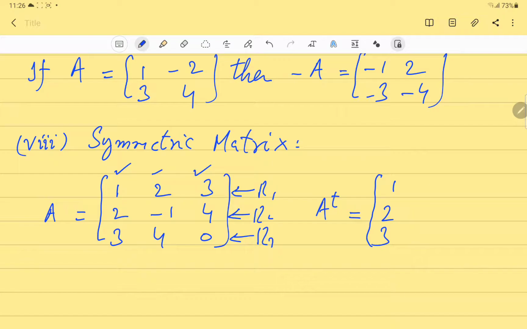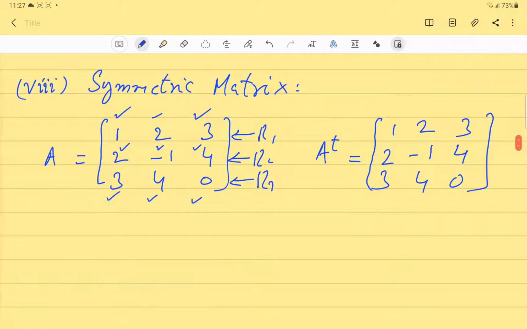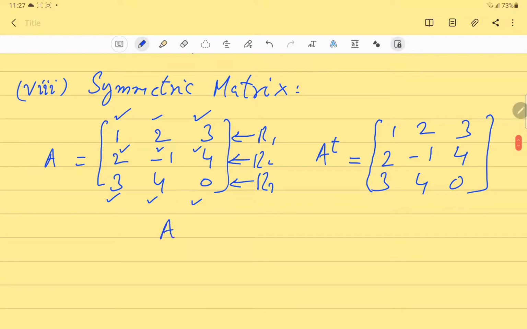Similarly, for the second one we will write this 2 here, this -1 here, this 4 here. Then for the third one we will take this 3 and put it here, 4 here, 0 here. Now you can see that the entries of A and the entries of AT are the same, which means A is equal to A transpose, and when this condition is met, that type of matrix is called a symmetric matrix.